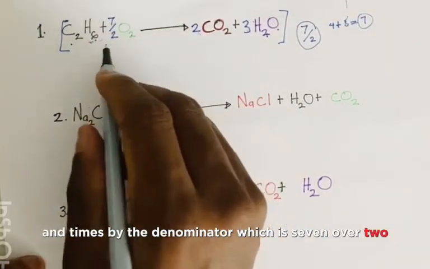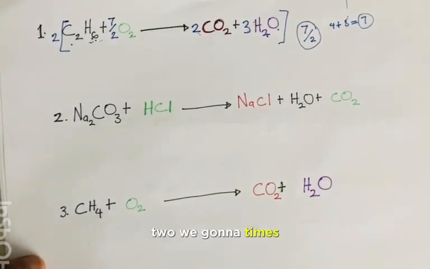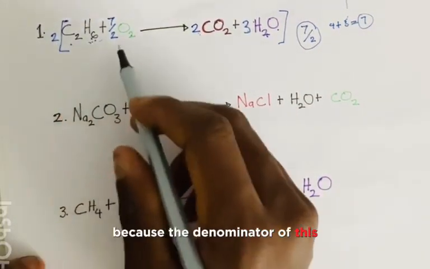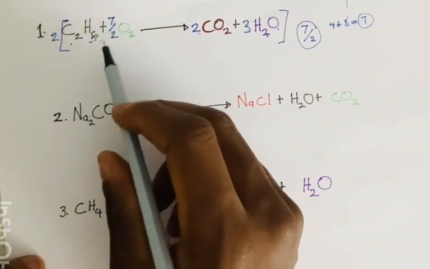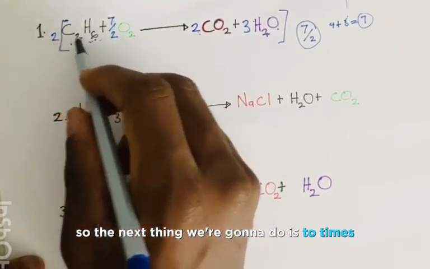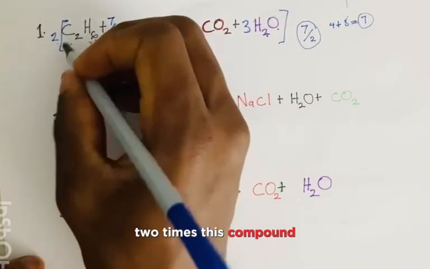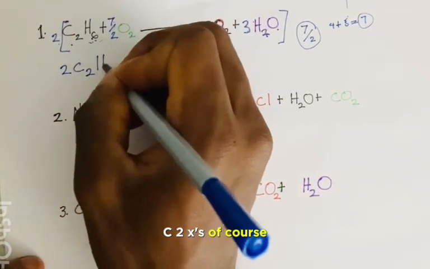We're going to multiply by the denominator of 7 over 2, which is 2. So we're going to multiply this whole reaction by 2. The next thing we're going to do is multiply 2 by everything. So 2 times this compound is going to give us 2C2H6.